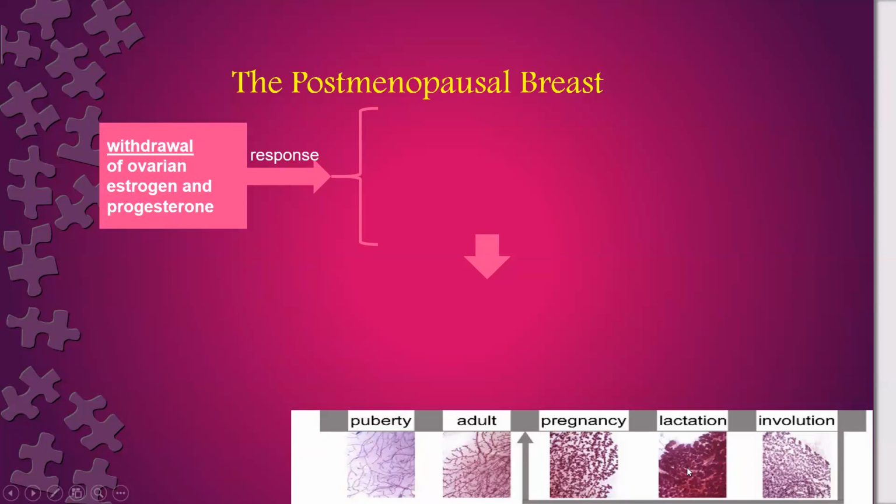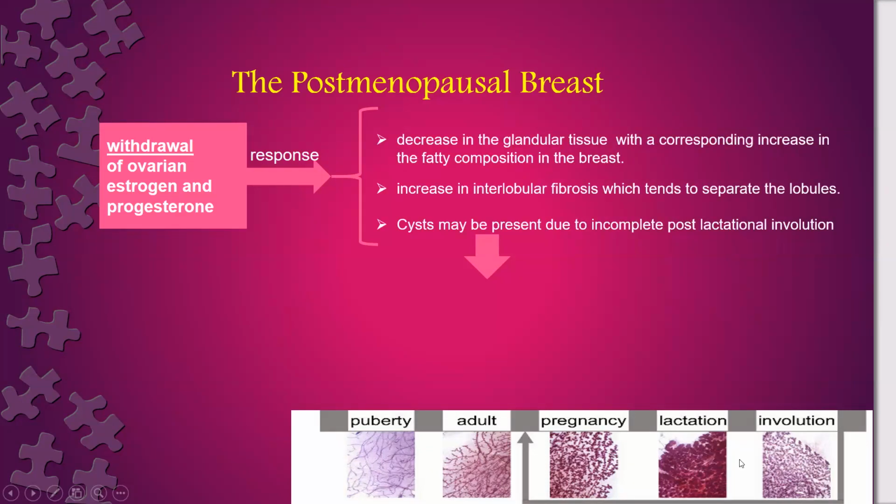Before we said during pregnancy, when the gland proliferates, it is at the expense of fat. Now the gland decreases and the fat, in contrast, will increase. And the fibrous septa will appear. Sometimes we see in the mammography a lot of linear densities in a fatty breast.